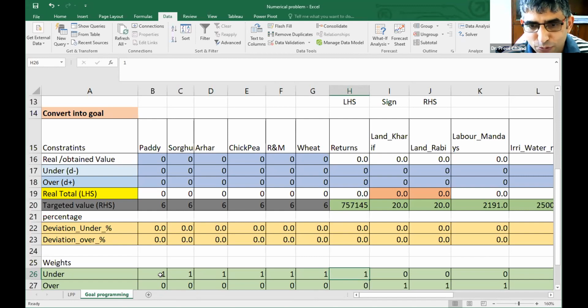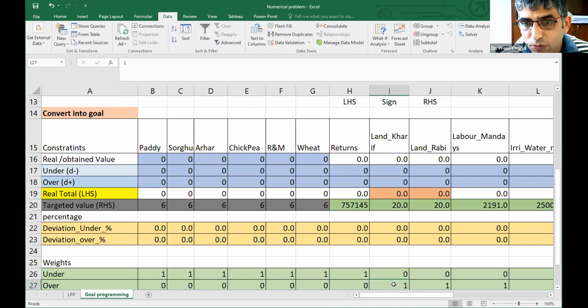In other words, 0 means if it deviates over, no problem. It won't come into the function.